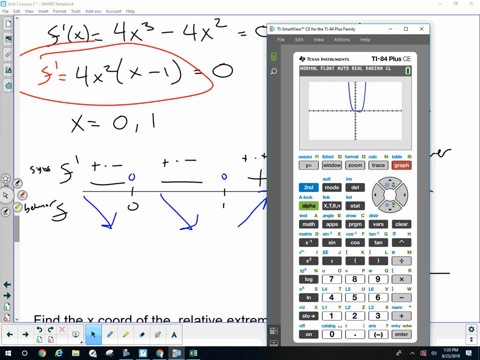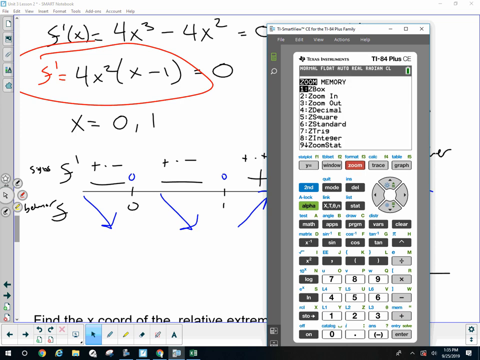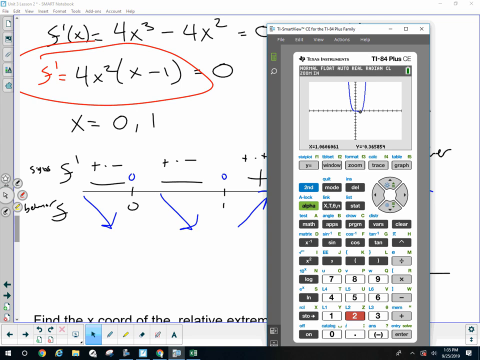Going down, flattening out, going down, hitting a min at negative 1/3, and going up. If I zoomed in around that 0, 0, we can see it even better. Goes down, flattens out, goes down, hits a minimum at 1. That location is negative 1/3, goes up. All through the power of calculus. It's really cool. Hopefully you appreciate that.